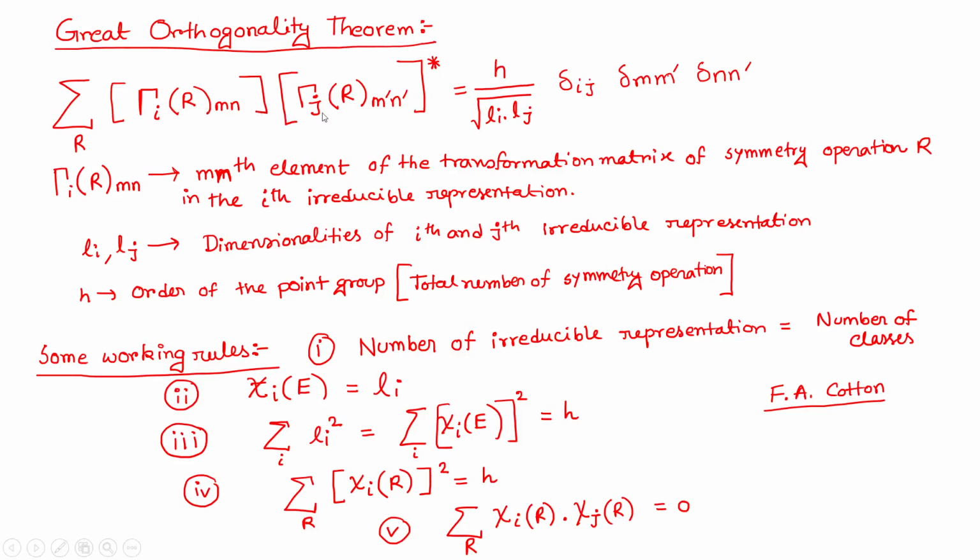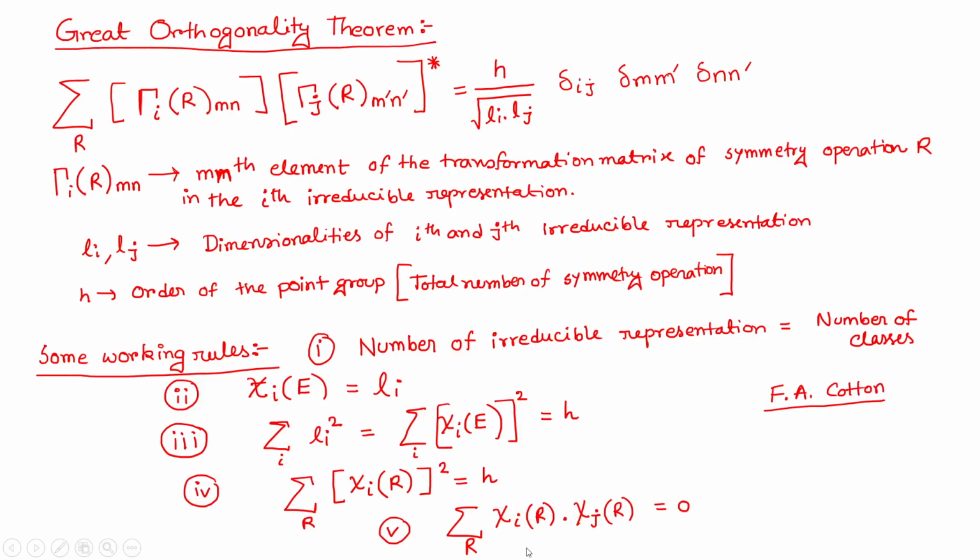If i and j are different, think of this Kronecker delta function, delta ij. So if i is not equal to j, then this delta ij is actually 0. Then your right hand side is 0. So the character of one of the symmetry operations with the character of the same symmetry operation from a different irreducible representation, you are going to get 0.